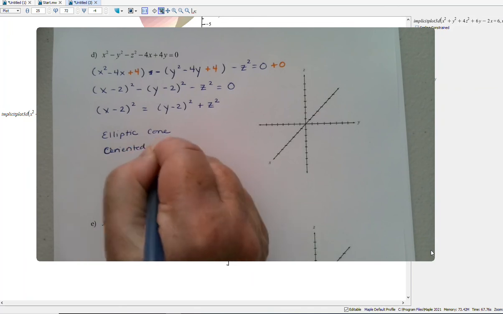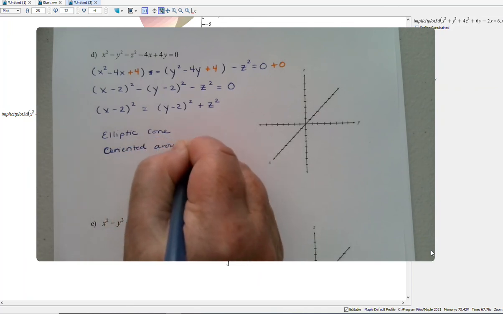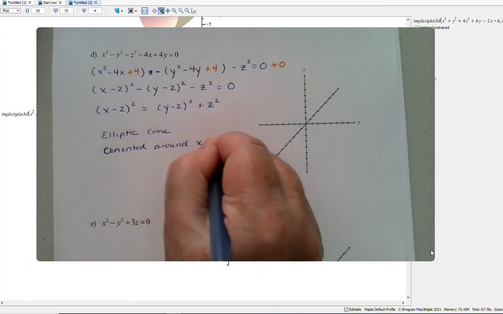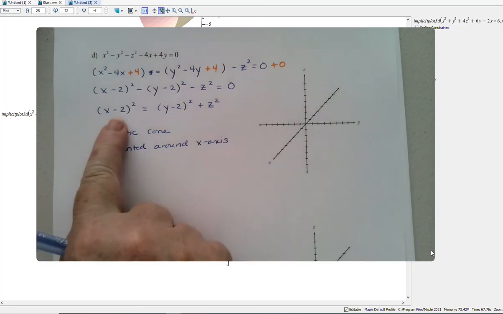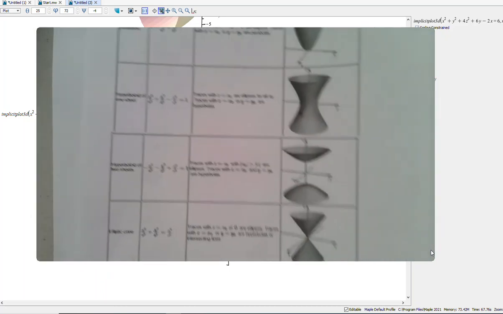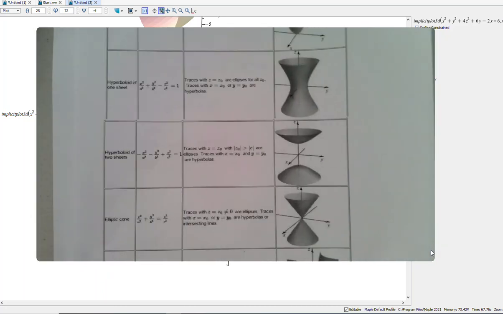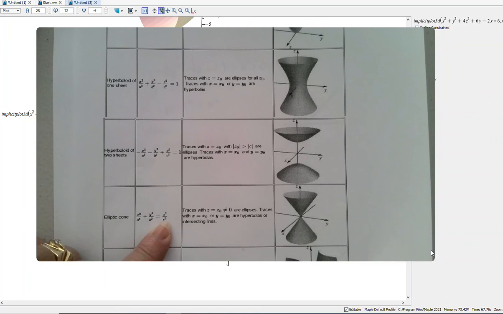It's oriented around the x-axis, and I'm going to have a little more to say about that. Right, and the reason I said it was oriented around the x-axis is because the x term was by itself. Right here, the z term was by itself, and it was oriented around the z-axis. So mine's going to be oriented around the x-axis.